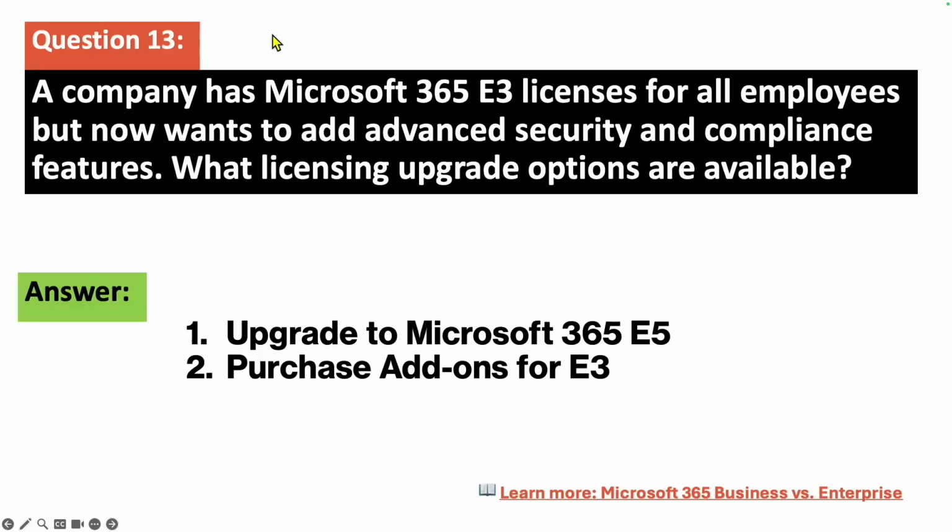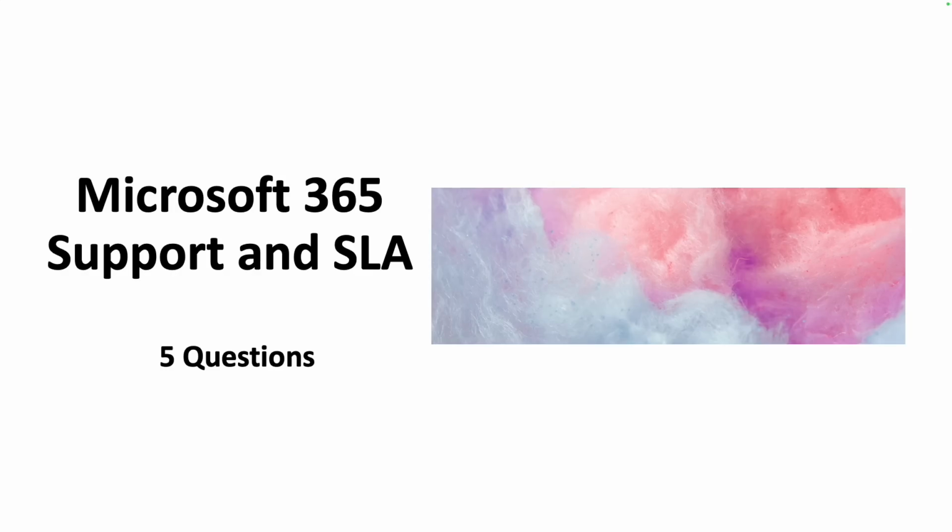All right, so next let's look into question number 14. Before question number 14, I just want to tell you that we are moving into a new section. The licensing questions I've added are enough, because if you actually study these four questions, you are learning quite a lot. The next one is Microsoft 365 support and SLA type questions.